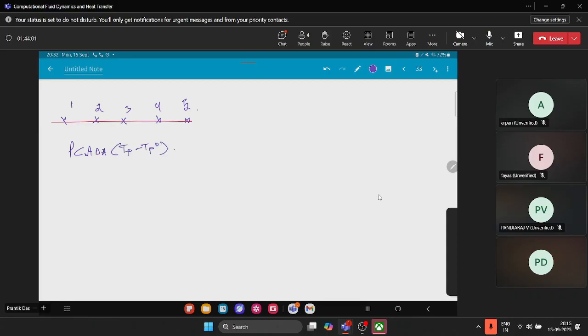equals, integrated from t to t plus delta t, of k a dT/dx at e minus k a dT/dx at w, multiplied by dt prime.